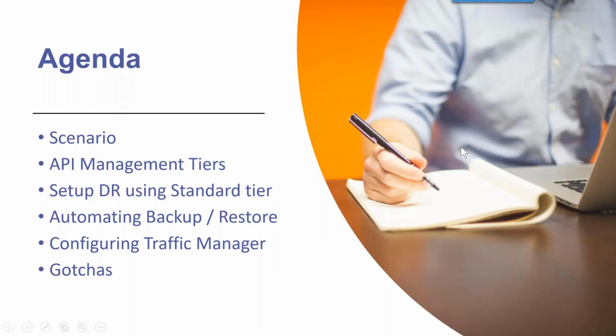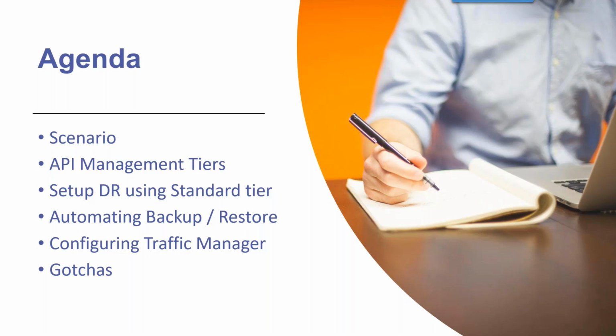What I have in the agenda today is I'm going to show a scenario that I've been working with a client, and we're going to be focusing on the disaster recovery piece for API management. To do that, we're going to talk a little bit about API management tiers and why we needed to do things the way that we're doing.